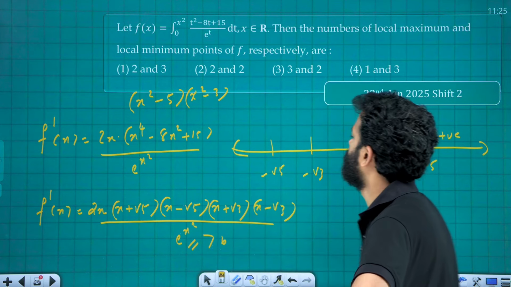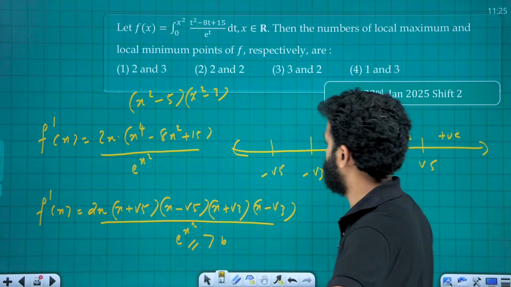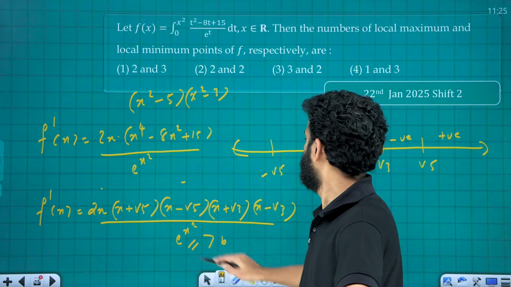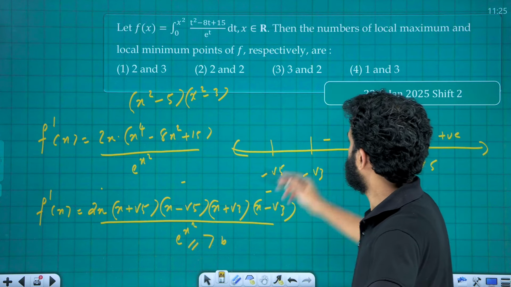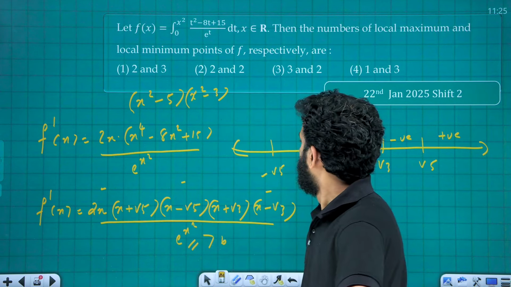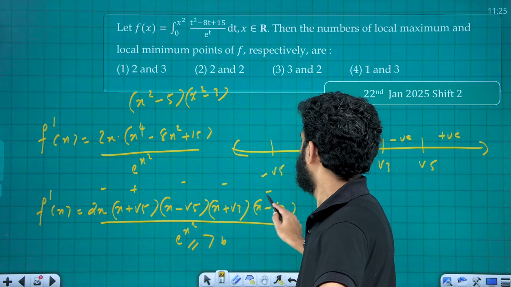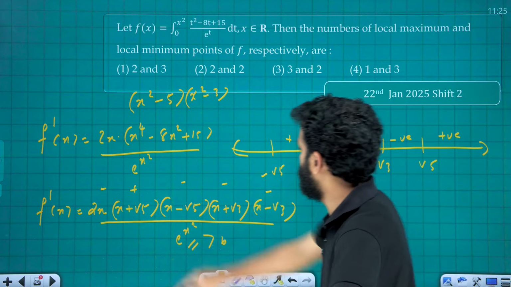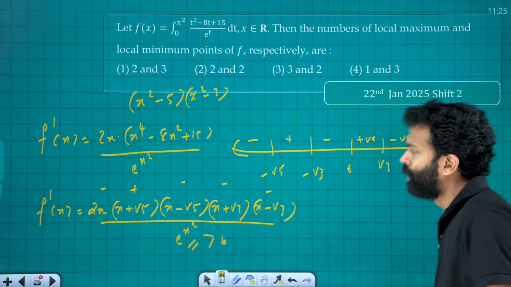Between 0 and minus root 3, three negatives, so negative. Between minus root 3 and minus root 5, four negatives and one positive, so positive. Again, if x is less than minus root 5, all five are negative, so negative. You know how the sign convention works, right?